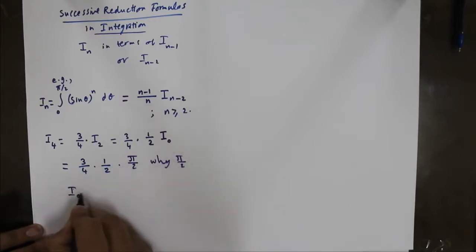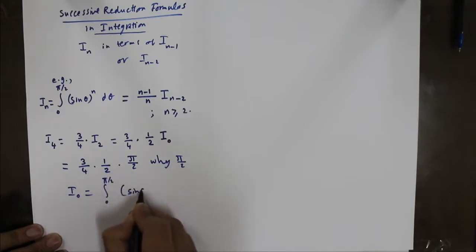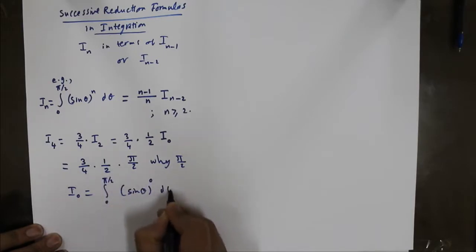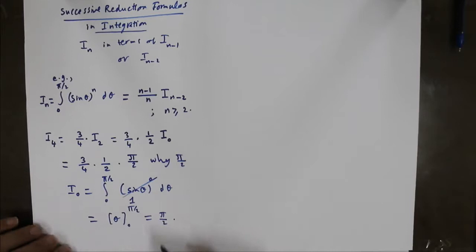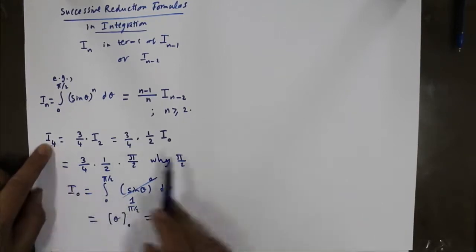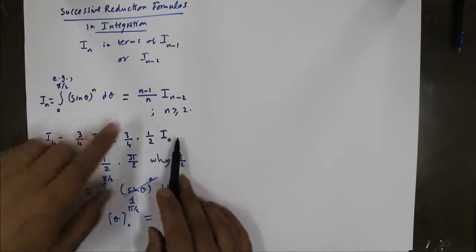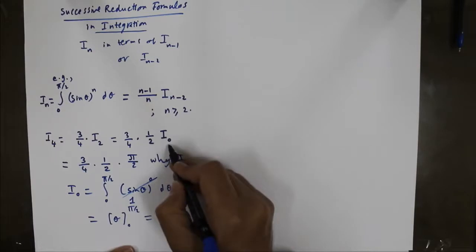Because I_0 is the integral from 0 to pi over 2 of sine theta power 0 d theta. This is 1, and the integral of 1 with respect to theta is theta. Theta from 0 to pi over 2 gives you pi over 2 minus 0, which is pi over 2. So every time we begin with an even number for this integral, we reach I_0 at the end because we decrease n by 2 every step, so we multiply by pi over 2.